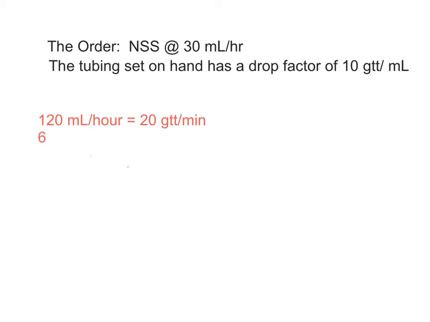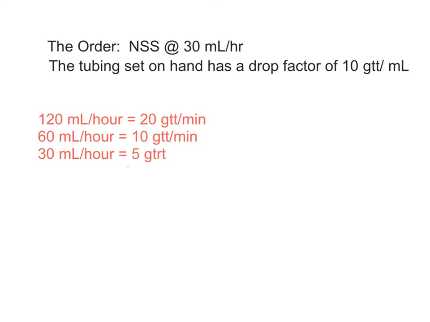When we have a rate of 60 mLs per hour, we end up with a rate of 10 drops per minute. When we have 30 mLs per hour, we get 5 drops per minute.